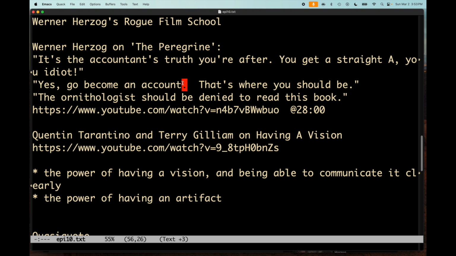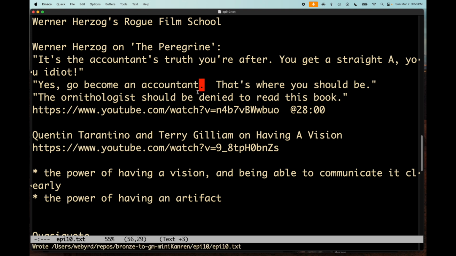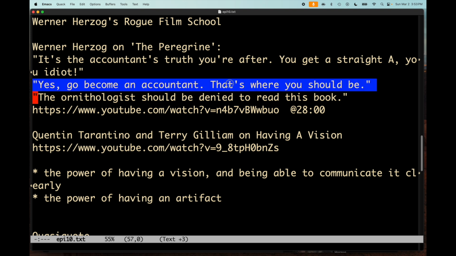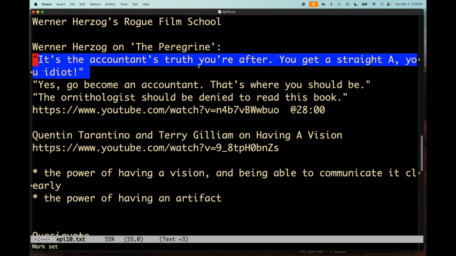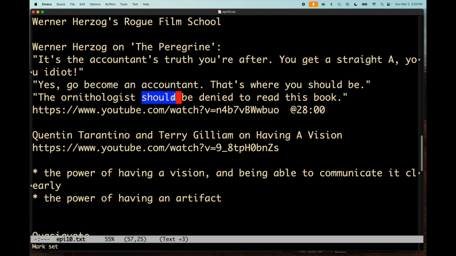An accountant. And then he also says, the ornithologist should be denied to read this book. It's sort of like the rides in an amusement park. You have to be this tall to ride it. Your spirit has to be this great to even attempt programming in this language, or this approach, right?